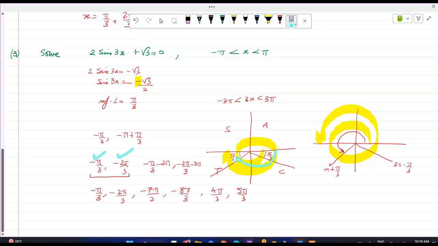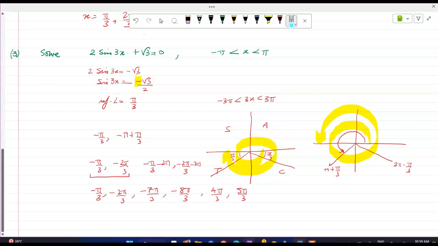Now the next one would be, we have to reach this from here. So I'll take my first solution and I'll subtract 2 pi. Sorry, I was going negative. So I'll take the first solution and subtract 2 pi. Now this is my second solution. Now I have to take this also.